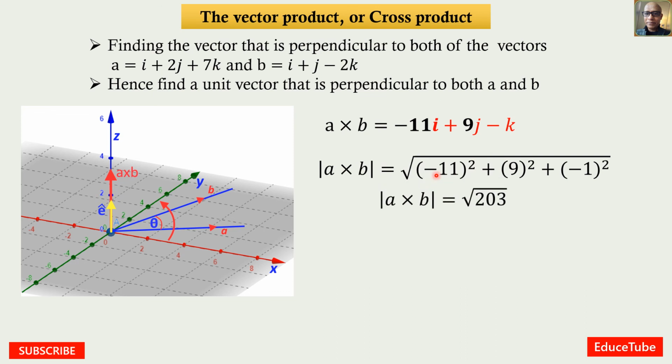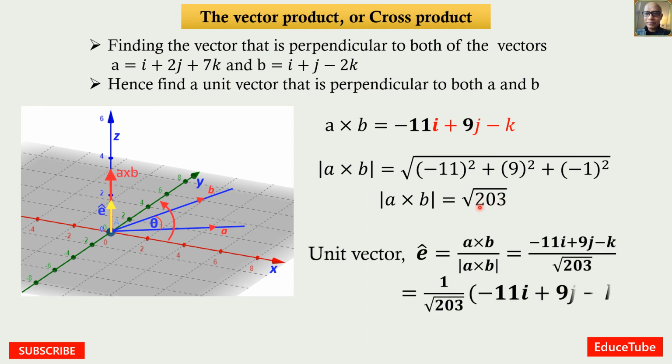So the magnitude of A cross B is square root of 203. So the unit vector will be, as you know, A cross B divided by the magnitude of A cross B. A cross B we already got, and the magnitude we have. So this is the result of the unit vector.